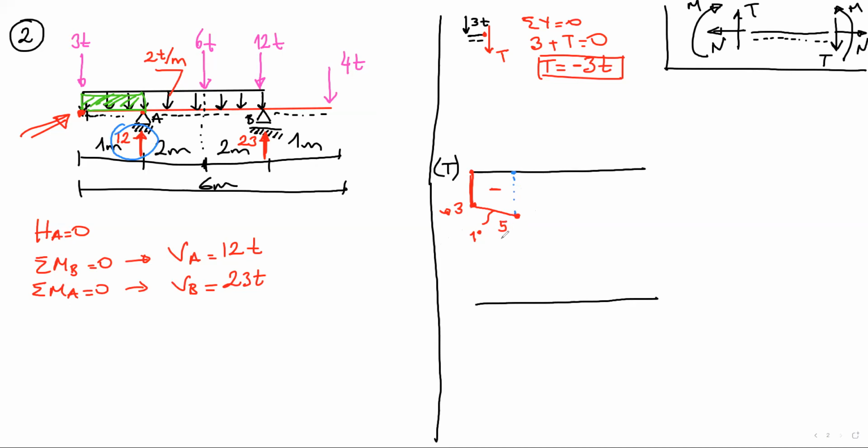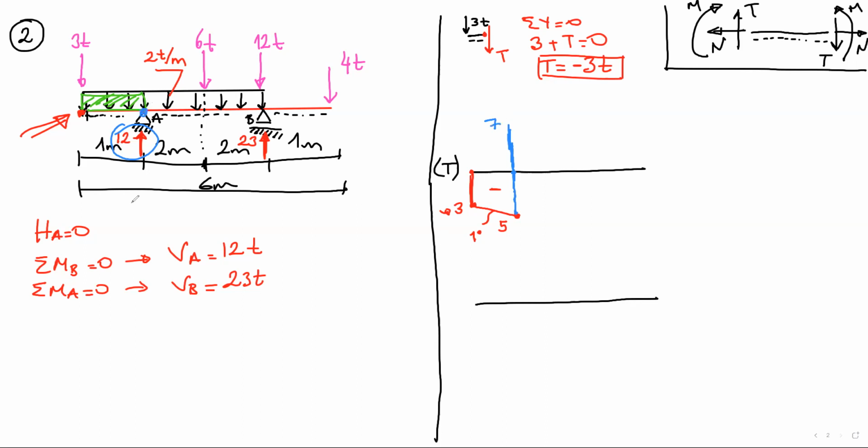We are at minus 5, and there is a point load which goes up. What we did in the previous one, put here your point load with direction. Basically, we are at minus 5 plus 12, which goes up, which is 7, positive 7. This is 7.